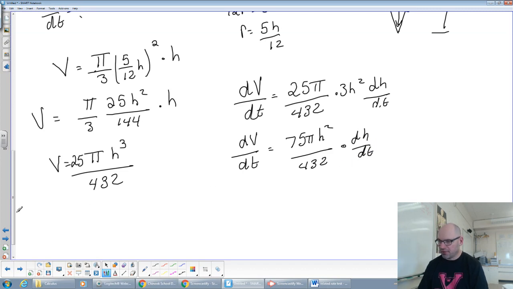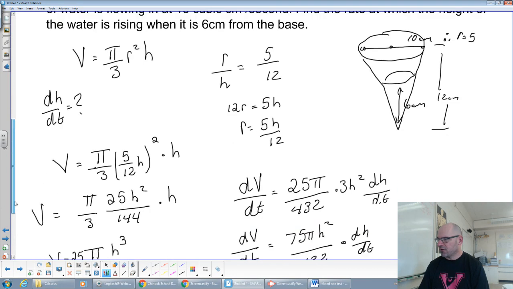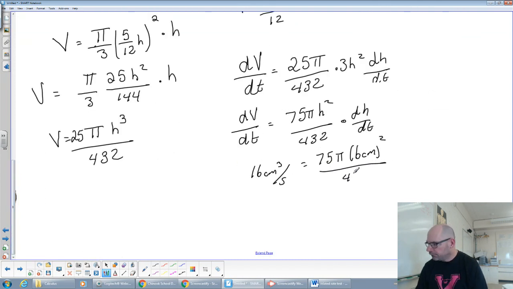Now we can plug in our numbers. dV/dt was 16 cubic centimeters a second. This h number, 75 pi times 6 squared, because that's the point at which we're interested in how fast it's rising, times dh/dt.